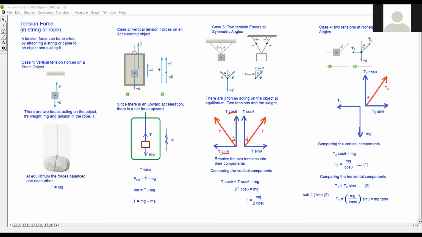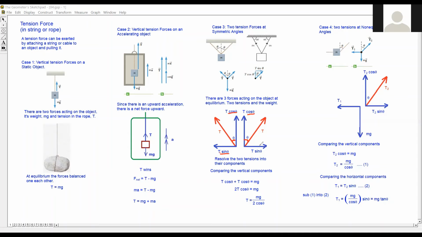Now, similarly, on the right hand side, the tension in the string T here is replaced by its two components. The vertical component, which is adjacent to the angle, is T cos theta. We have to remember that adjacent is always cos.